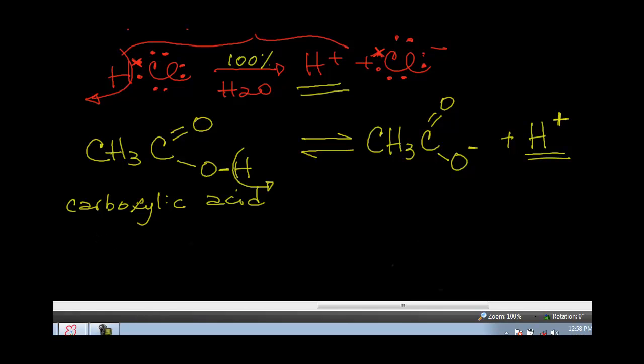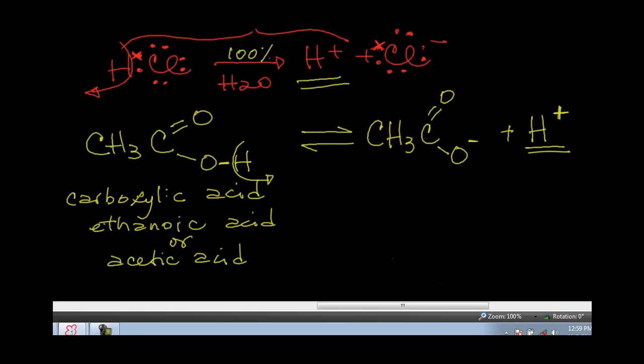Ethanoic acid is also called acetic acid. So this is an organic acid, and if you put this in water, the pH will be below 7, like any other acidic solution.